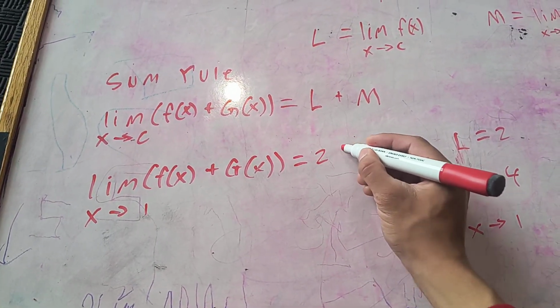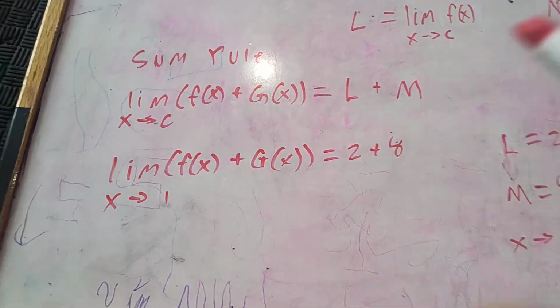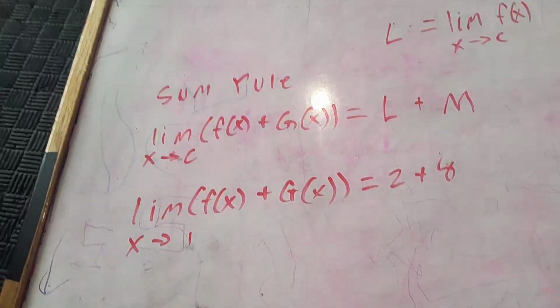So it's just going to be 2 plus 4, because we already know their individual limits.